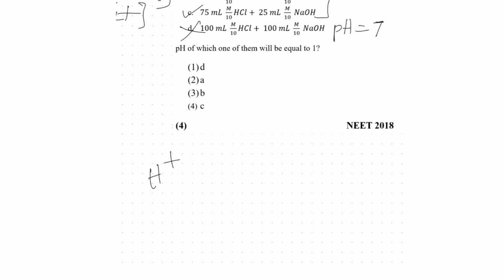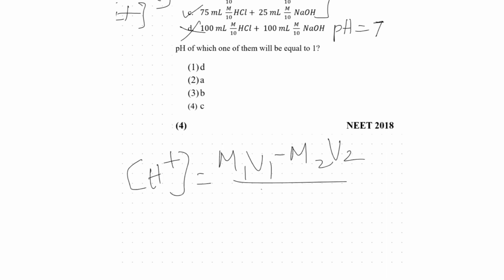Here volumes are also different. So here M1V1 you have to take the concentration and volume of HCl because that is in excess. If you substitute the values, you will get H plus concentration. From that you calculate pH, which is equal to negative logarithm of H plus ion concentration.